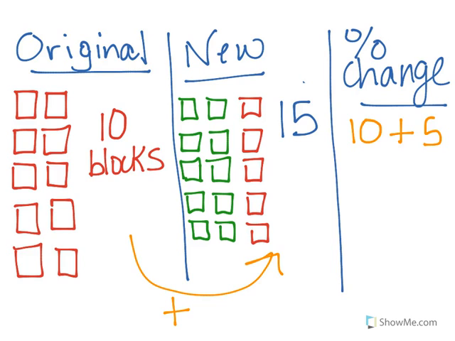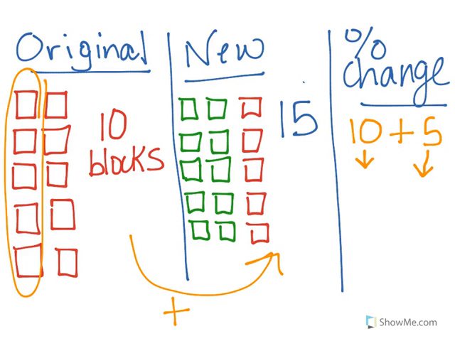So remember how I tell you when we're learning new things, we try and start with easy examples. So this is fairly easy once I start explaining it. So this 10 is the original. Okay? So this 5 is my increase. I want to know this 5 is what percent. So if I had these 10 blocks here and I increased by 5, that means I increased it by half.